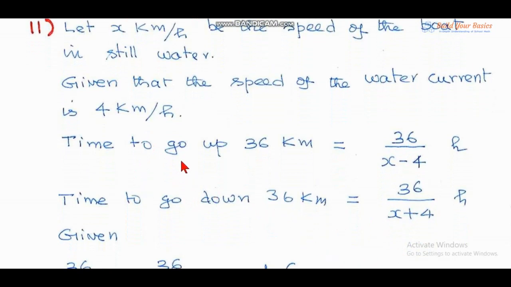When it is going against water, the speed of the boat will be x minus 4, its speed minus the speed of water current. When it goes down, the speed of the boat will be speed of the boat plus speed of water current.